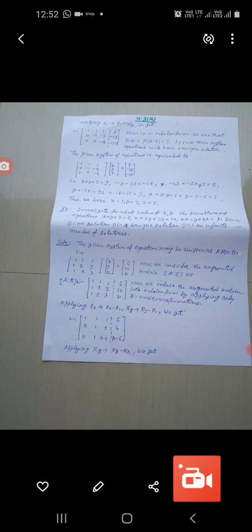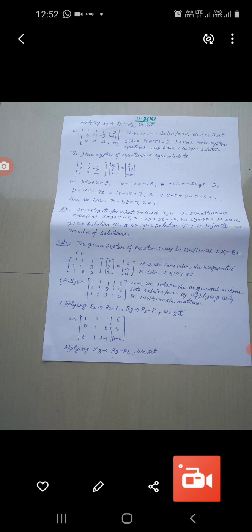Now the given system of equations is equivalent to: the coefficient matrix, first row 1 1 1, second row 0 minus 1 minus 3, and third row 0 0 minus 4, multiplied by the column matrix x y z, equal to 9, minus 18 and minus 20.